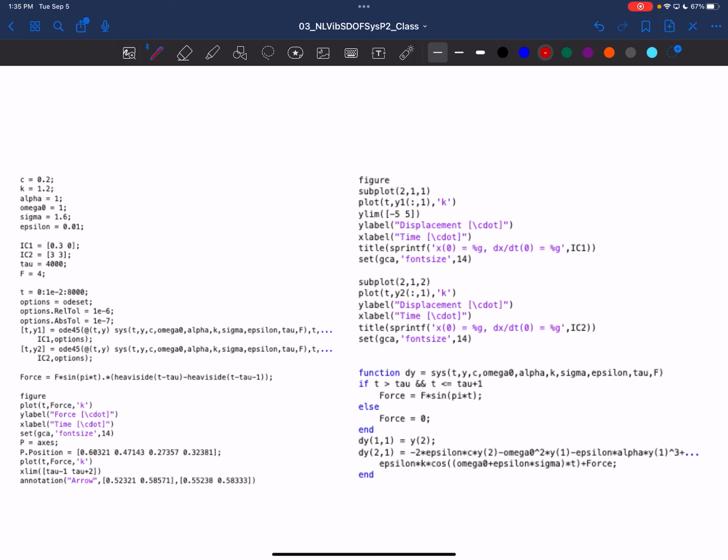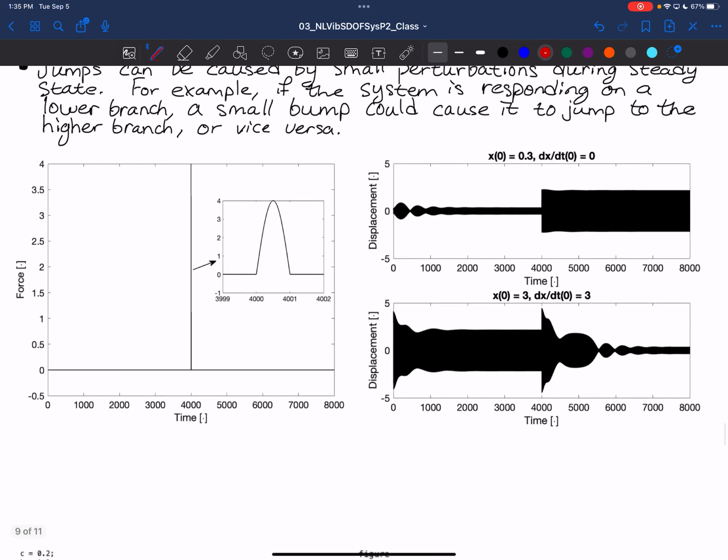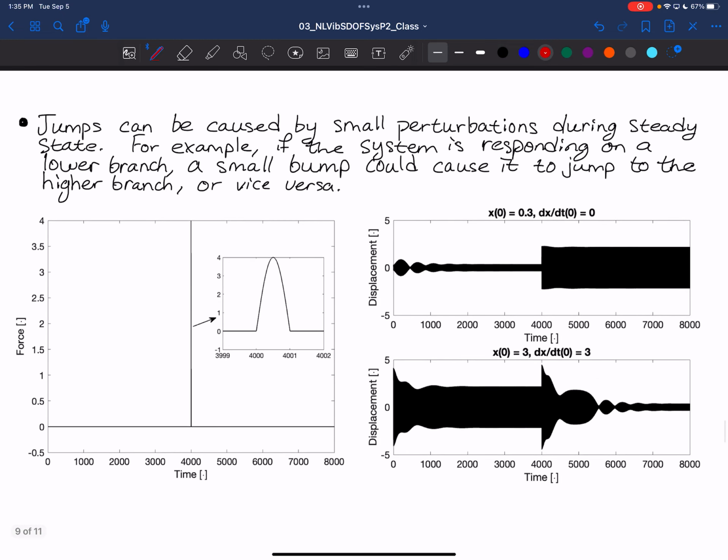So my point here is that because we have these coexisting solutions, you've got to be careful about what branch you're testing on and what you're measuring, and also what you're predicting as well. If you just do a sinusoidal forcing and you simulate the response, you may not know which branch you're on.